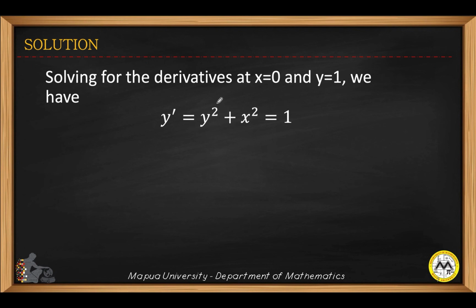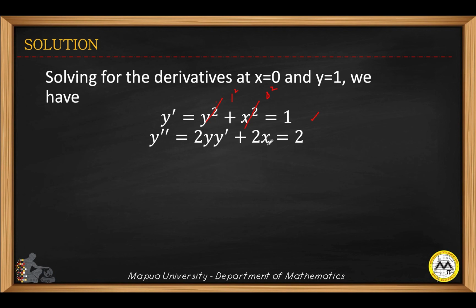Okay, so we know that y is equal to 1, so you have 1 squared here. This will be 0 squared, so giving you y prime equals 1. And then the derivative of y squared is 2y, then since y is the dependent variable, you have to multiply by y prime.